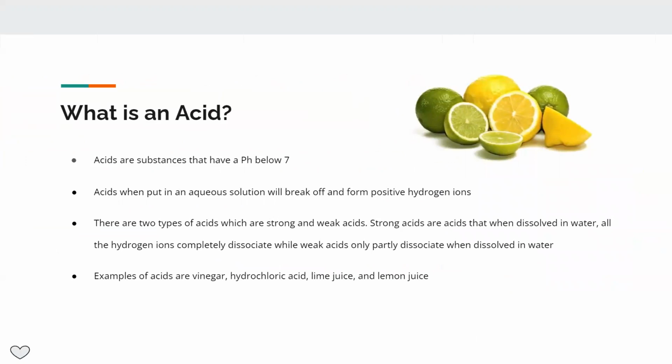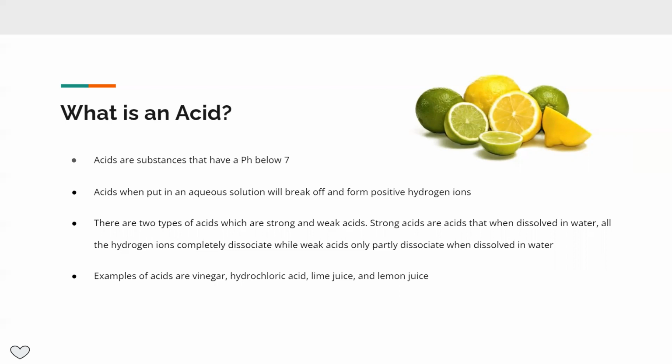So let's talk about the next concept, which is acid. Acids are substances that have a pH below 7. Acids, when put in an aqueous solution, will break off and form positive hydrogen ions. There are two types of acids, which are strong and weak acids. Strong acids are acids that will dissolve in water, where all the hydrogen ions completely dissociate, which is like breaking apart.